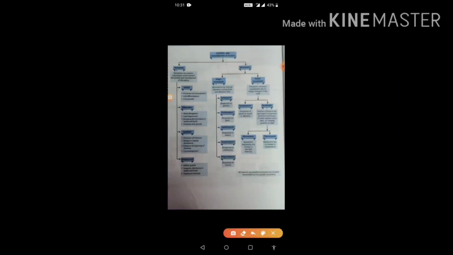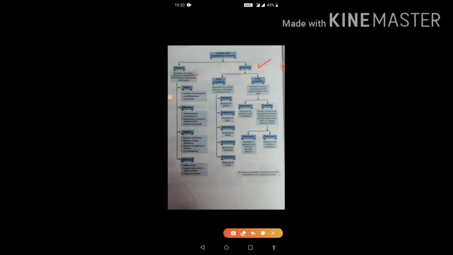Hormones are certain organic substances which control the growth as well as development of the plants. Today we are not going to study hormones or how hormones control the growth of the plants. Today we are going to study how coordination and control in plants happens due to some stimuli.